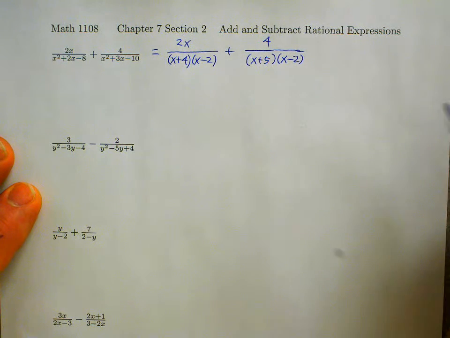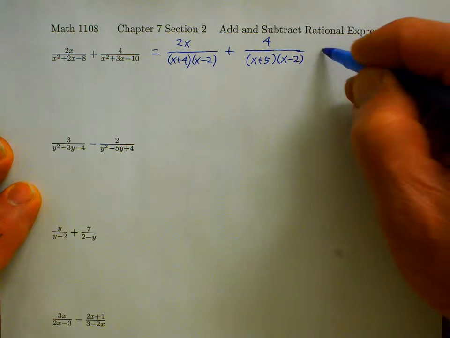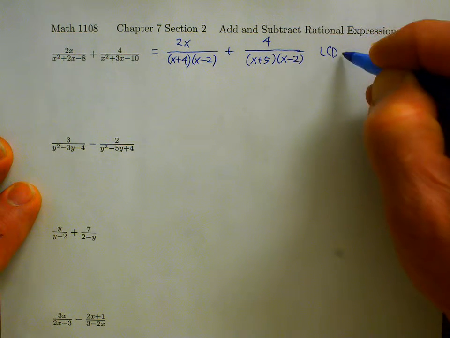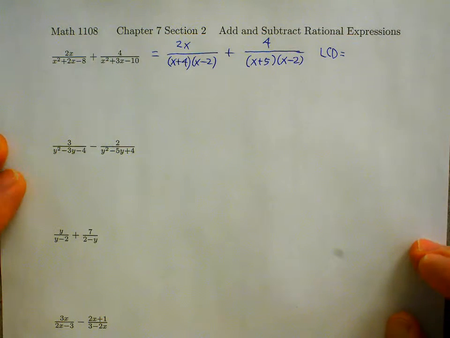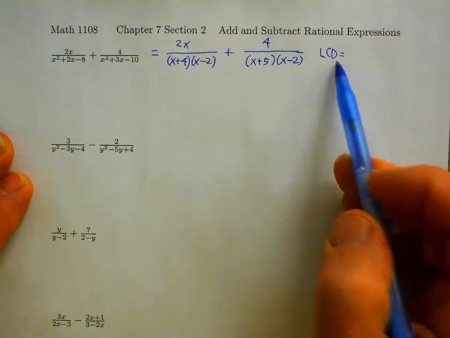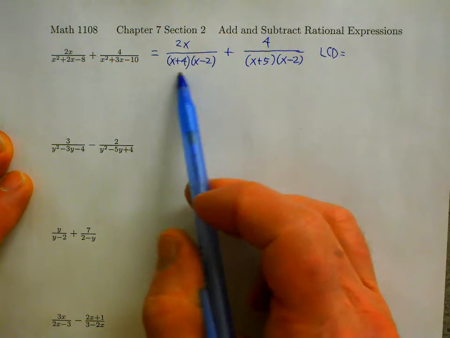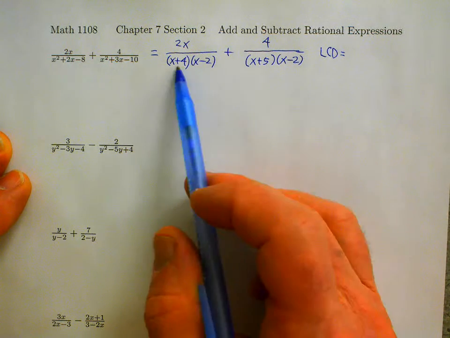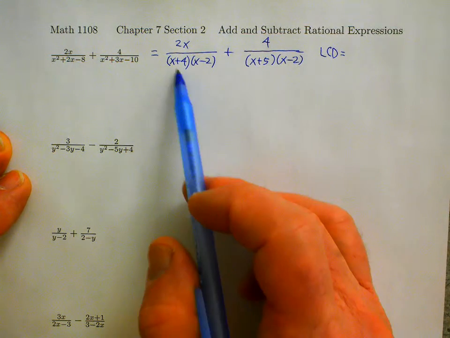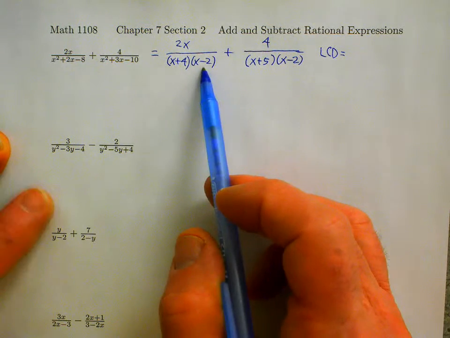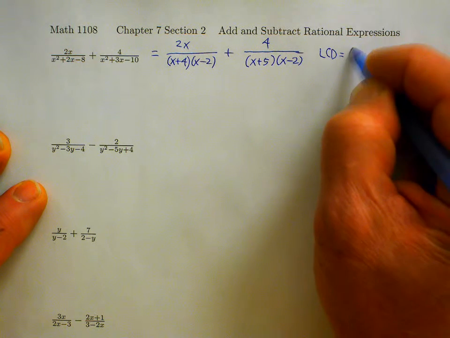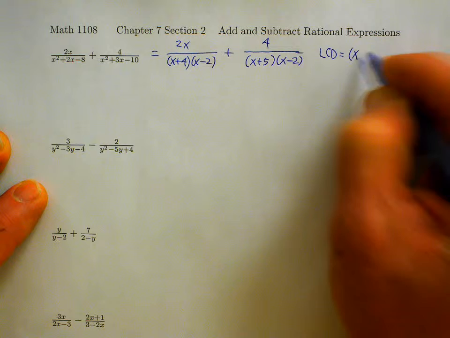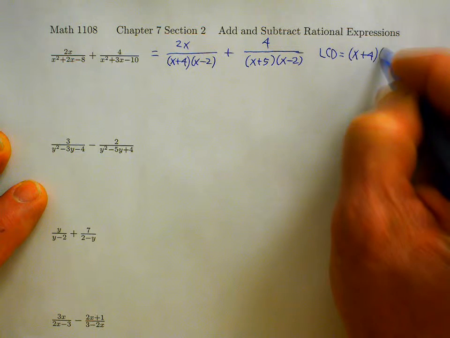Okay, when we compare the denominators, the least common multiple of the denominators has to account for all of the binomial factors. So x plus 4 and x minus 2 must be in the least common denominator, x plus 4 times x minus 2.